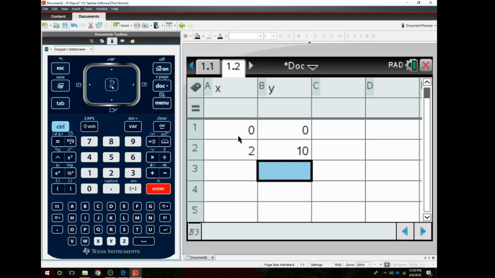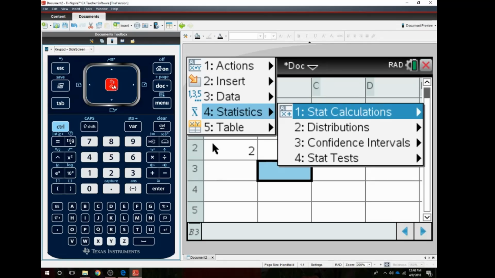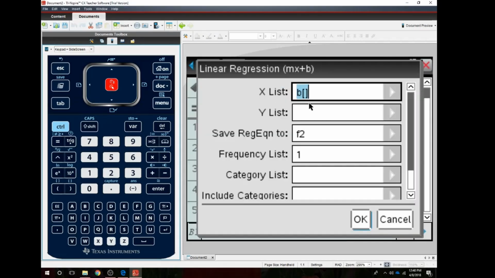So again, numbers go next to each other. It's the X one first, then the Y. They don't go on top of each other. They go side by side. To get our values, remember we have to have our cursor not in our numbers, just like it is here. We press Menu, scroll down to Statistics, select Stat Calculations, and then MX plus B. X list, just the same as last time.